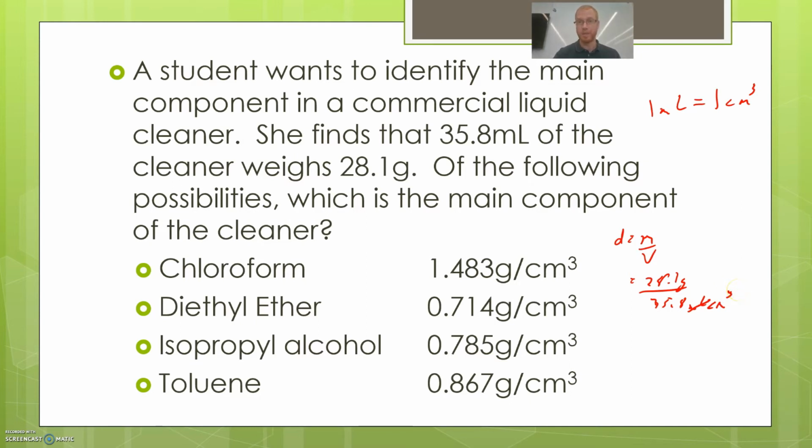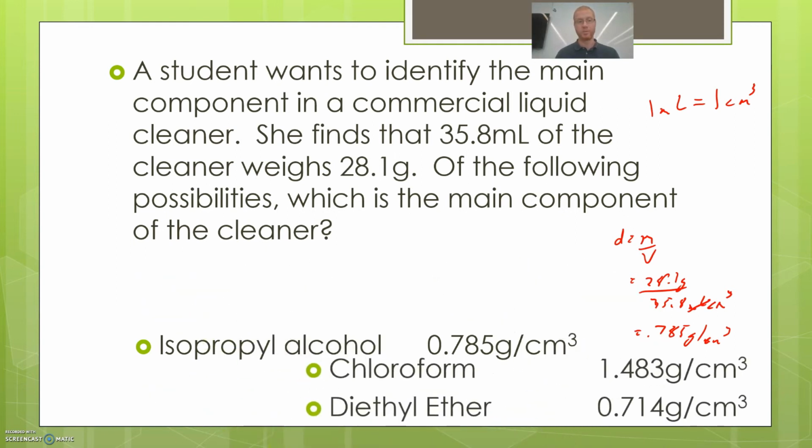A milliliter and a cubic centimeter are the same thing. So when you divide this, you get 0.785, 3 significant digits, grams per cubic centimeter. And so the main component of that liquid is isopropyl alcohol.